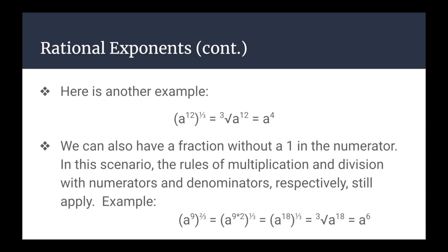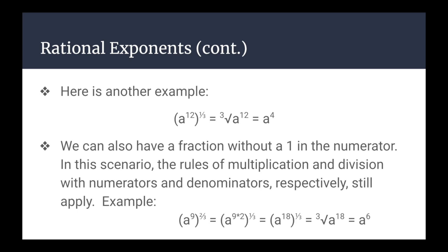We can also have a fraction without 1 in the numerator as a rational exponent. In this scenario, the rules of multiplication and division with numerators and denominators, respectively, still apply. For example, we have a to the 9th power to the 2/3 power, which we can separate out the 2 from the 2/3 just to get 1/3.